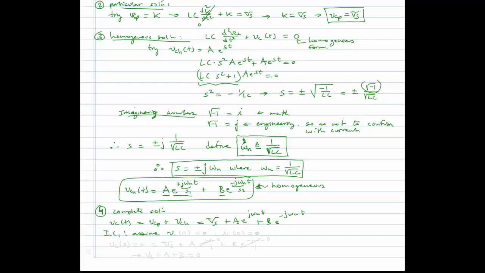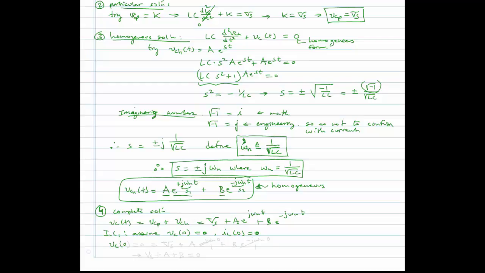Let's assume the simplest case. We'll assume that the initial condition on the capacitor voltage is 0, and the initial current through the inductor is also 0. This is a special case, but we'll start with it. So let's plug in.